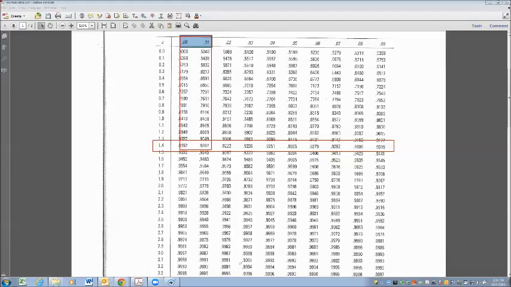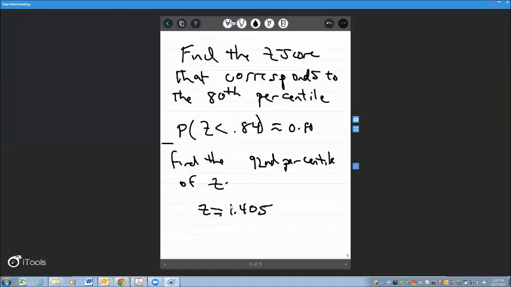So we would say its z is 1.405. So we would say a z-score of 1.405. So in other words, the probability that z is less than 1.405 is approximately 0.92.